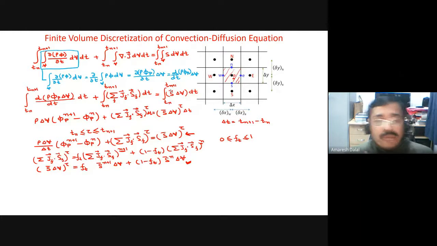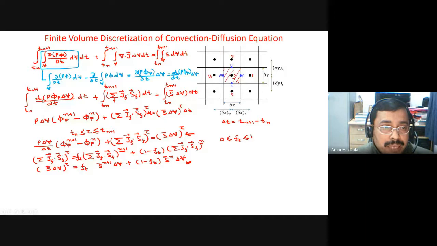So either we have to take the value from Tn or Tn plus 1. So now we'll take some average value at time level tau, and we write all these terms at a time level tau, where tau is in between Tn and Tn plus 1.